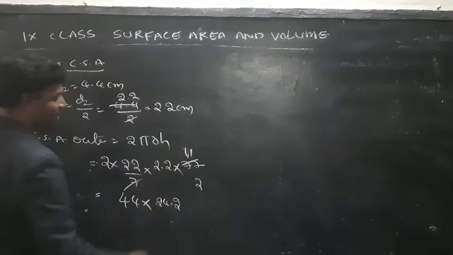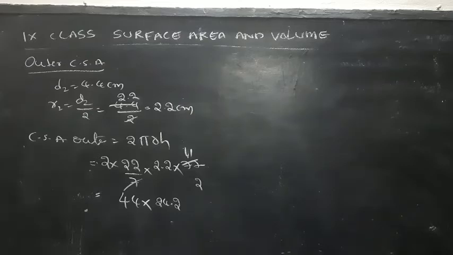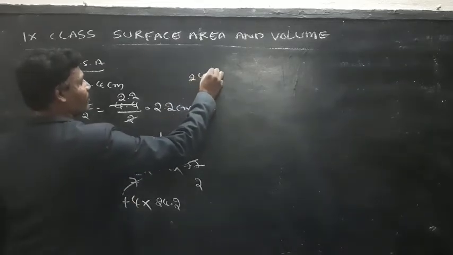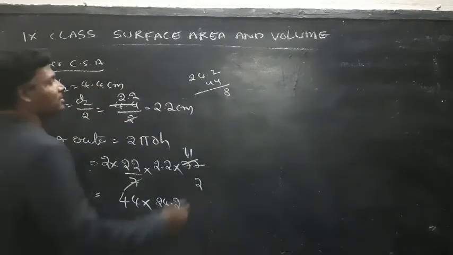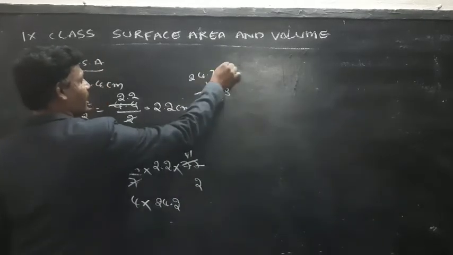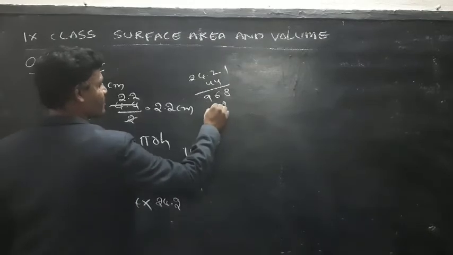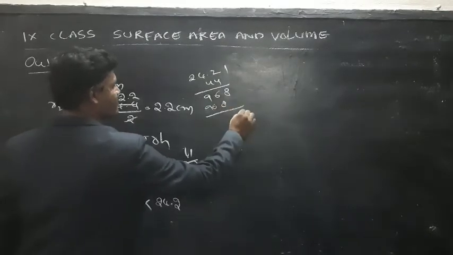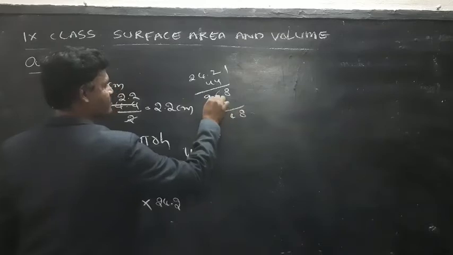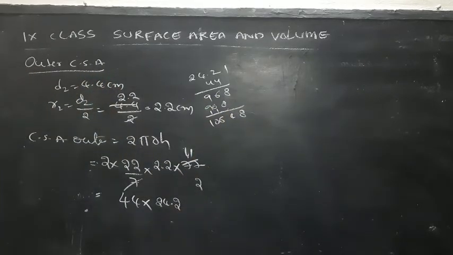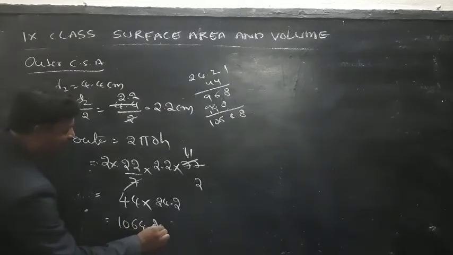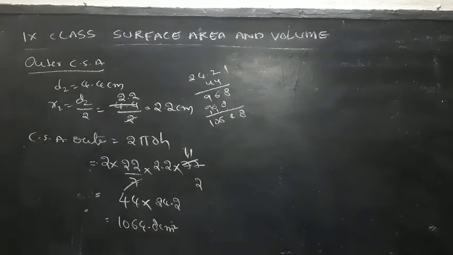So it is nothing but 24.2. Now multiply these two. 4 twos are 8. 4 fours are 16. 4 twos are 8 plus 1 is 9. So it is 1064.8 centimeters square.